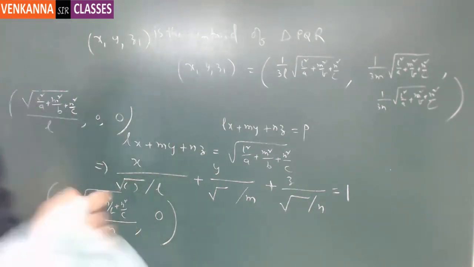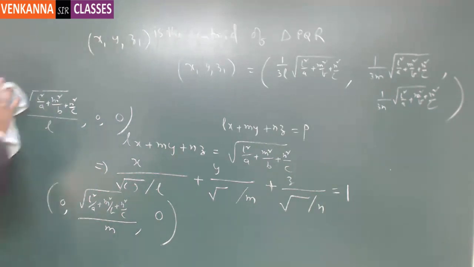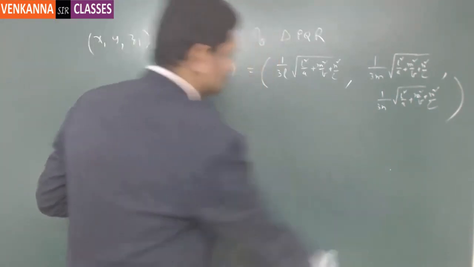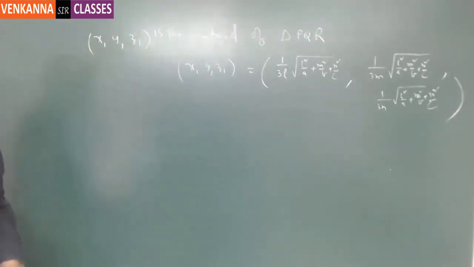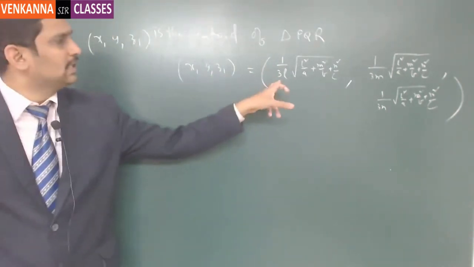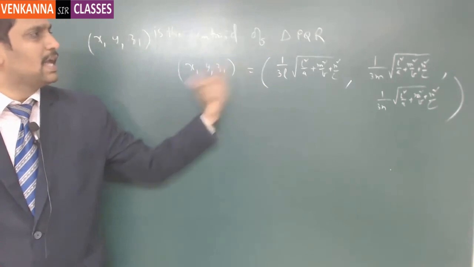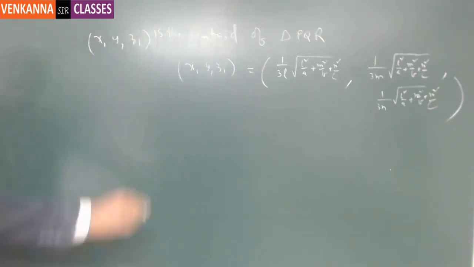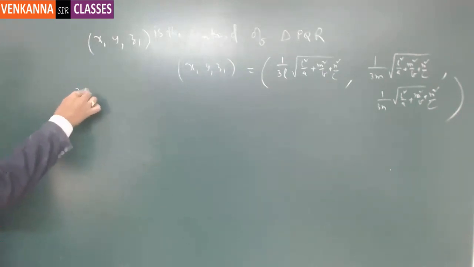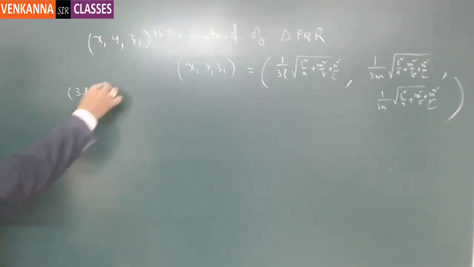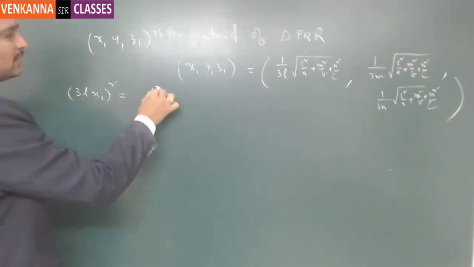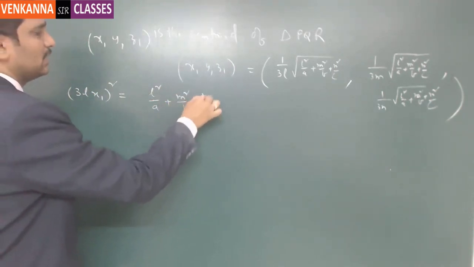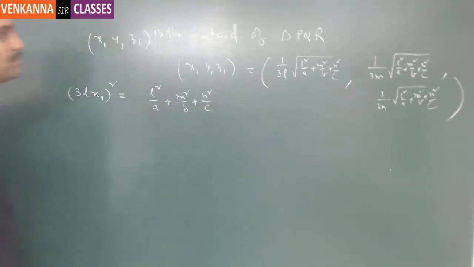So for this, I am doing it like this. If you take the first coordinate, 3l comes to this side, I can take squaring on both sides. That's true. So I will do that. (3l x1) whole square is equal to l square by a plus m square by b plus n square by c.